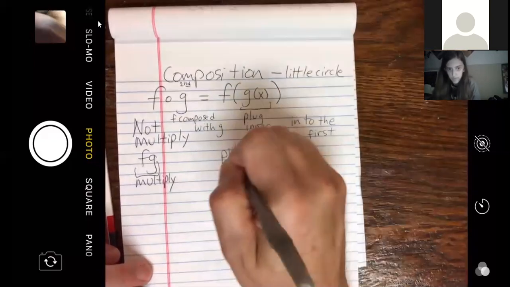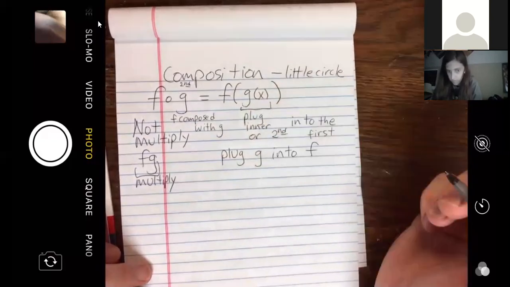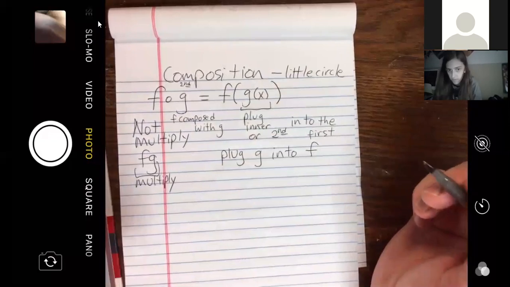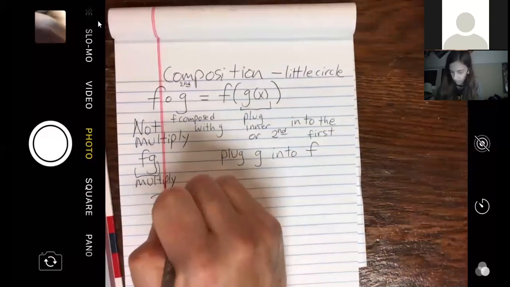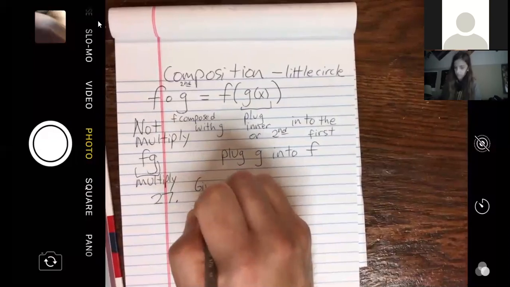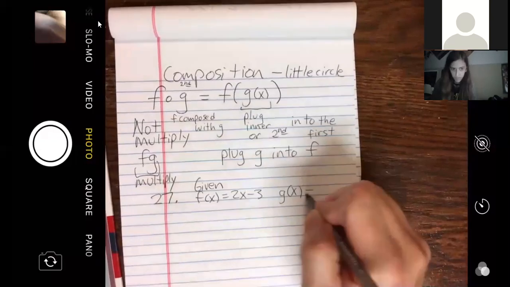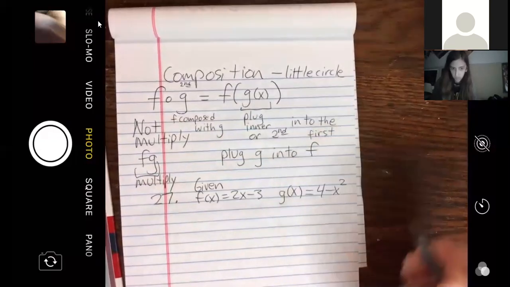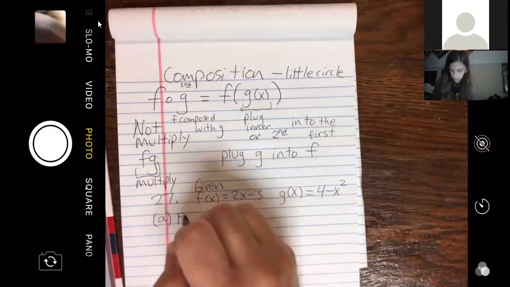In other words, I plug G into F. Now, in 27, you're given f of x, 2x minus 3, g of x, 4 minus x squared. They give you an A and a B. Part A, find f of g of 0.